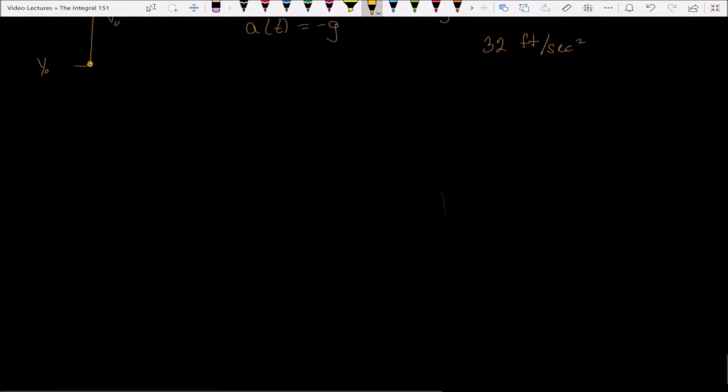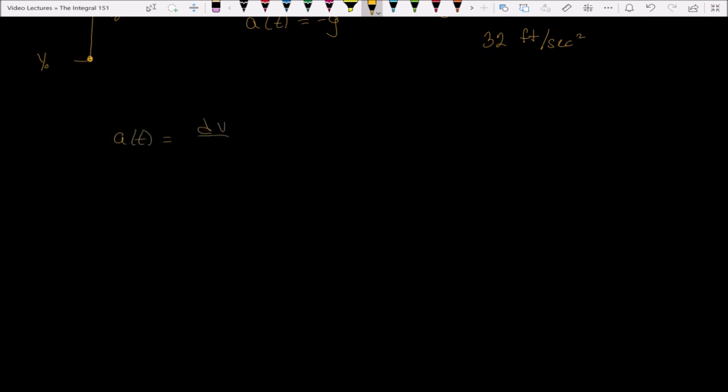Well, solving it is equivalent to solving this. First, find A of t, which remember is dv dt, equals negative g, given that v of 0 is v naught. Actually, let me rewrite this.